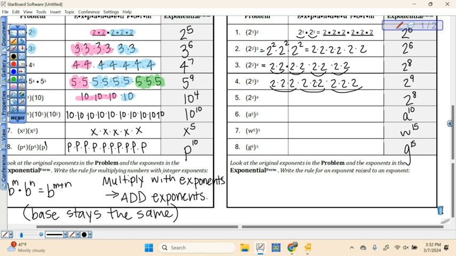So when we raise a power to a power, we multiply the exponents. Does the base change at all? No, base stays the same.